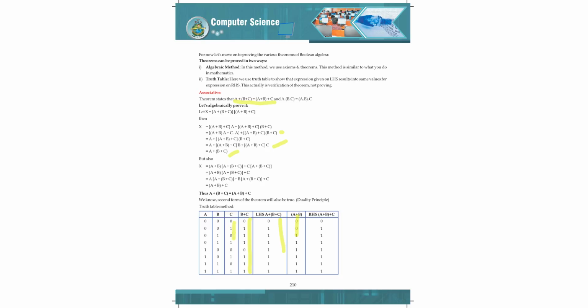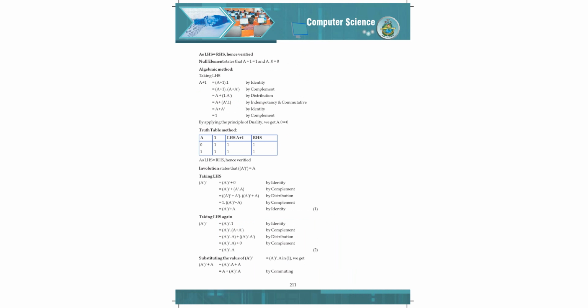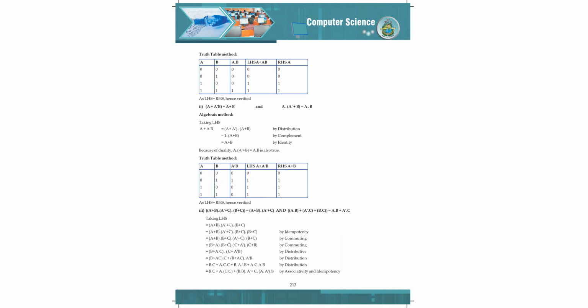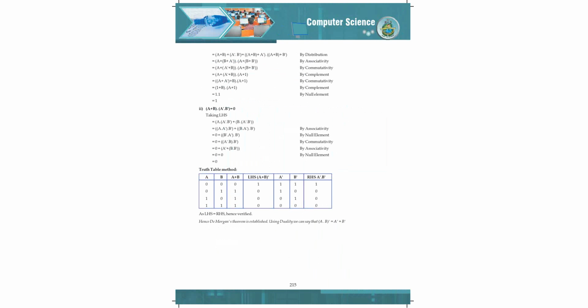You will get RHS when you add the values. Now match the values. Both values are same. So you can say RHS is equal to LHS. Fine. So you have to do these things for all the theorems. Okay. By truth table or algebraic method, whatever you want, you can use that method. Fine.